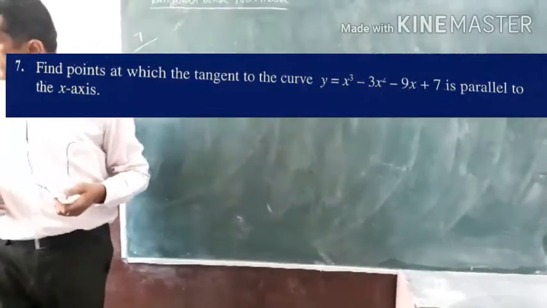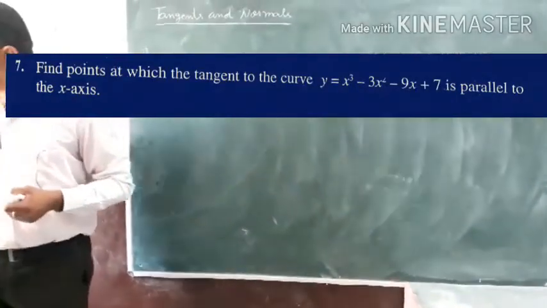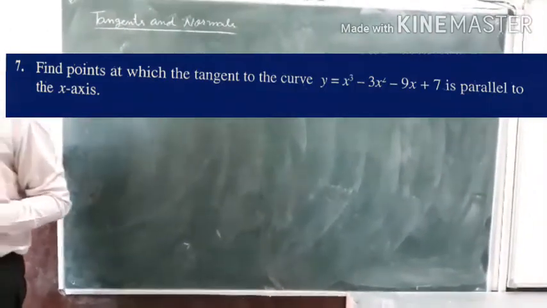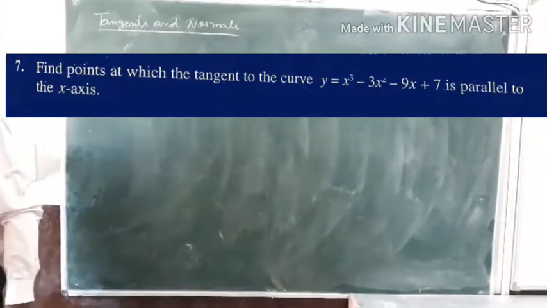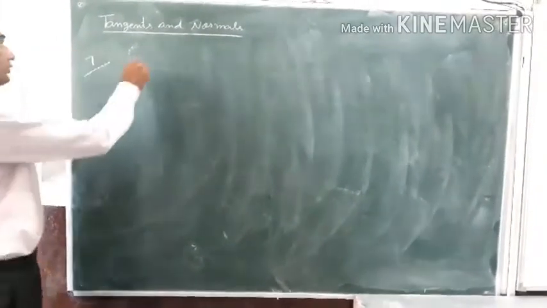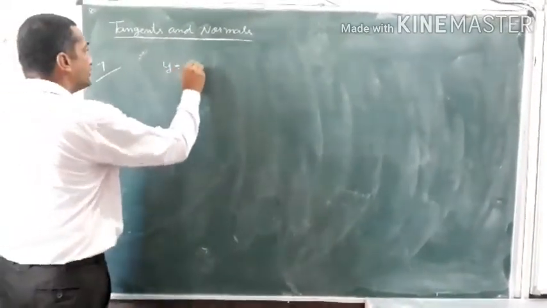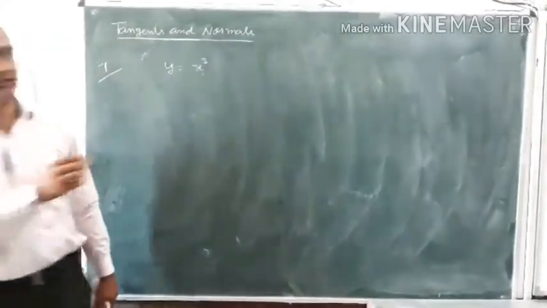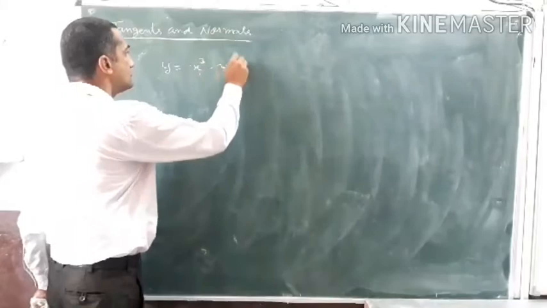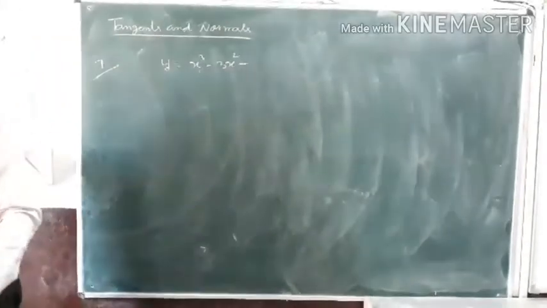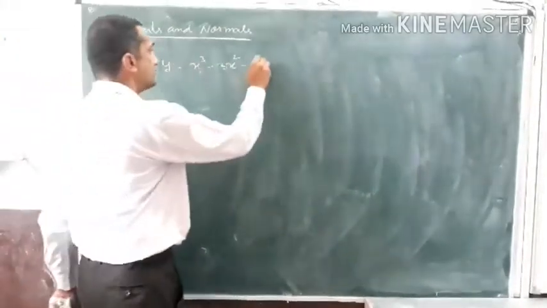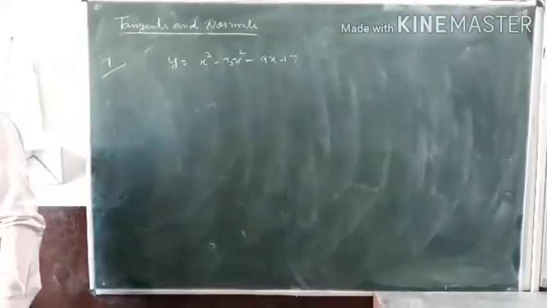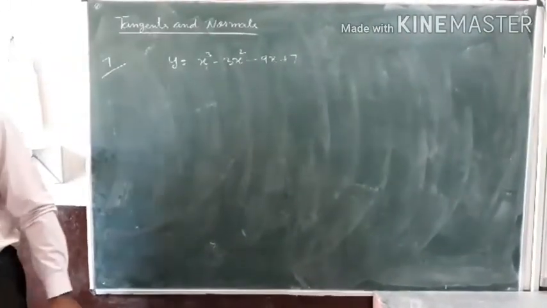Next, question number 7 is: find the points at which the tangent to the curve y is equal to x cube minus 3x square minus 9x plus 7 is parallel to the x-axis.